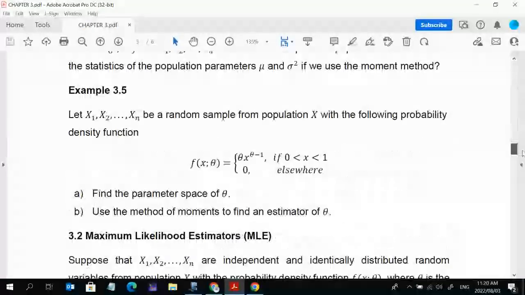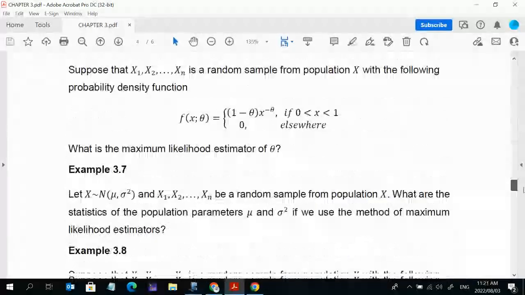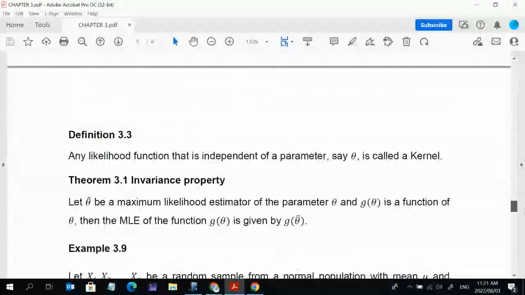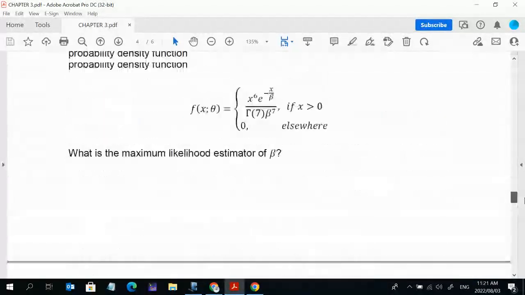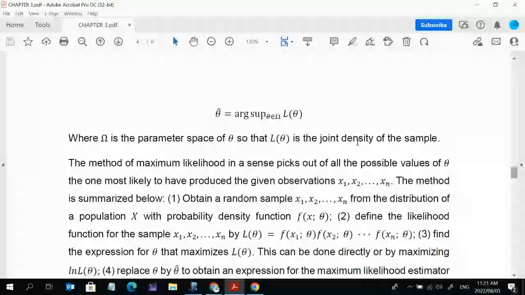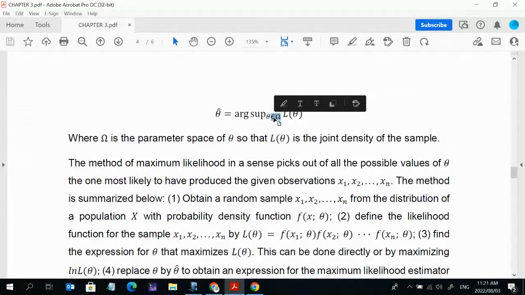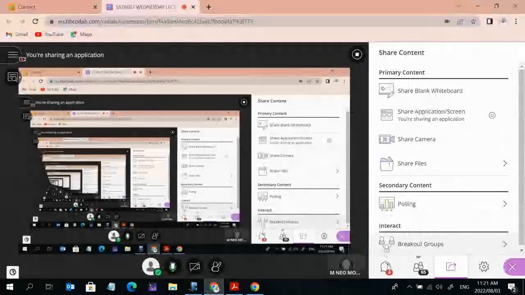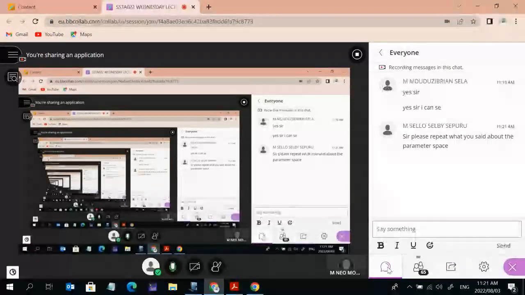So our theta hat is nothing but the smallest upper bound in the parameter space.